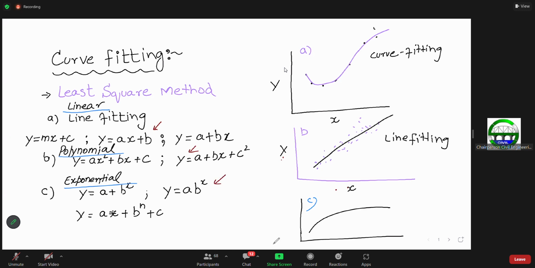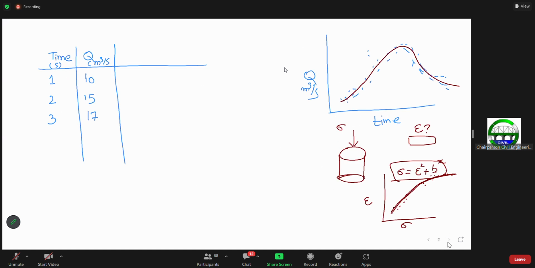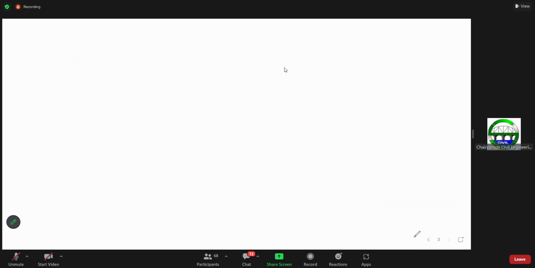Okay, so let's move on and try to solve one numerical problem that will give us an idea how we can solve curve fitting. So let's say example number 1. Before example number 1, we will talk about the formulas.